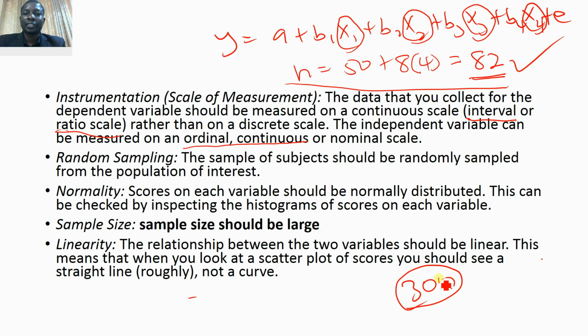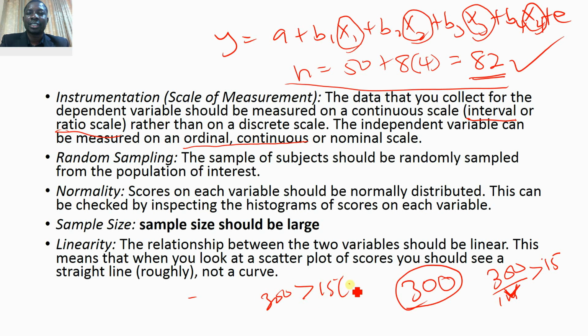So if you have 1,000, it means that anytime you divide 300 by the number of independent variables, it should be greater than 15. Meaning your 300 should be greater than 15 times the number of independent variables.